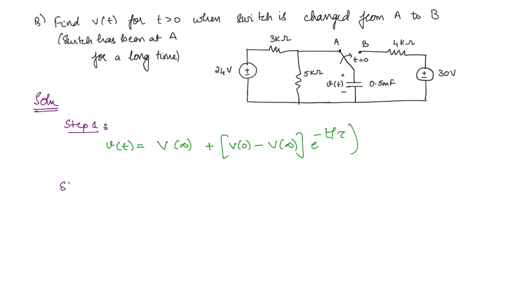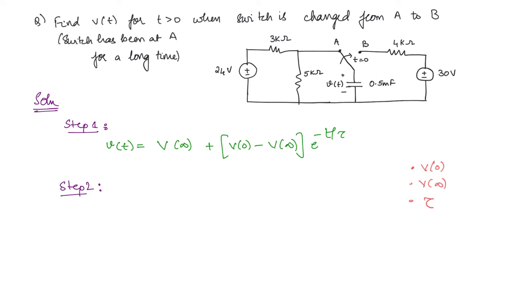Now what is the next step? You have to find each of the values. What are the three values you need to find out? You need to find out the initial value, the final value and the time constant. So we will find them one by one.